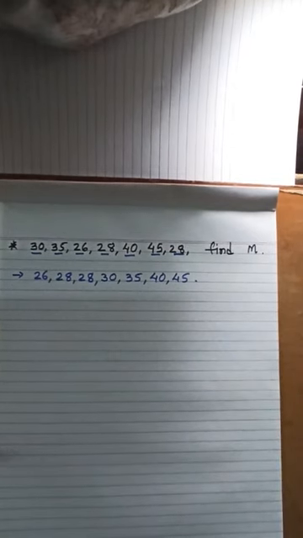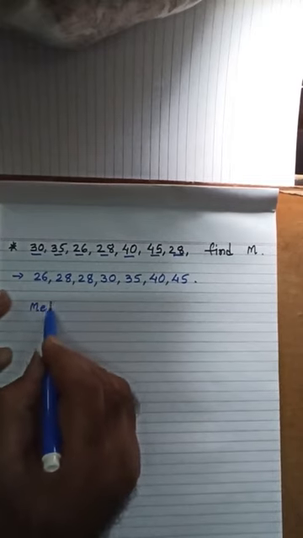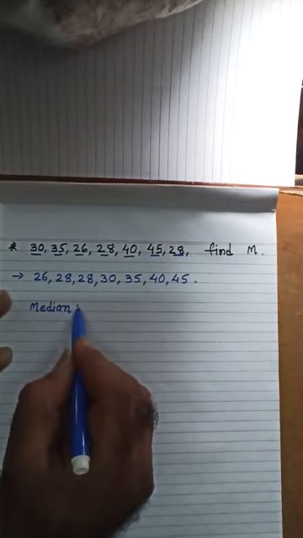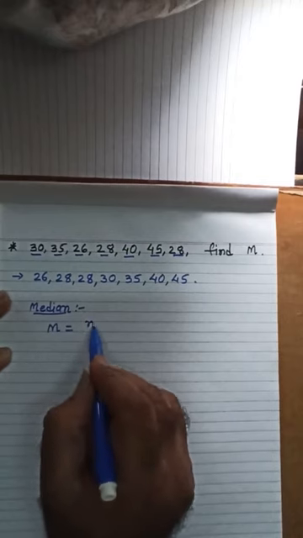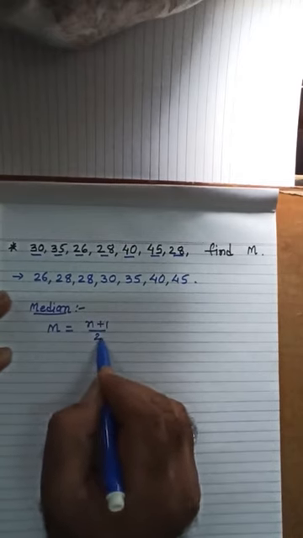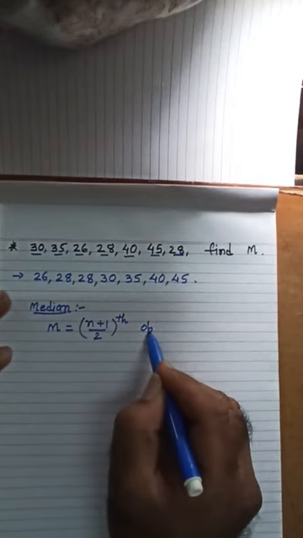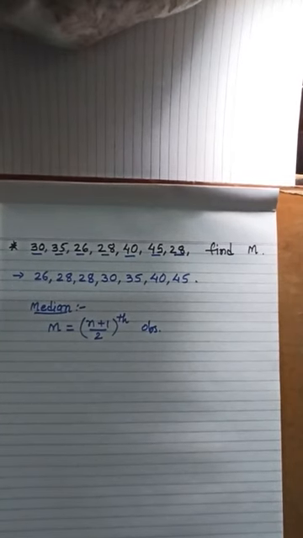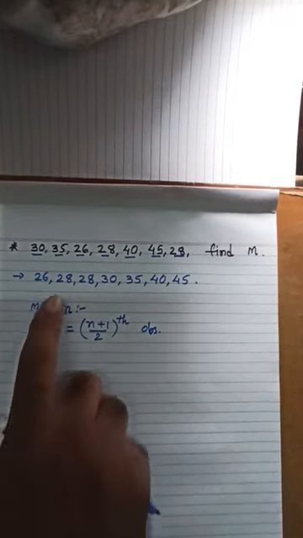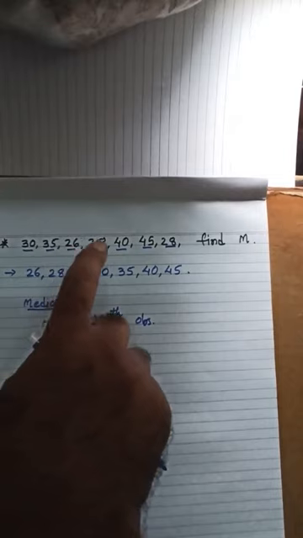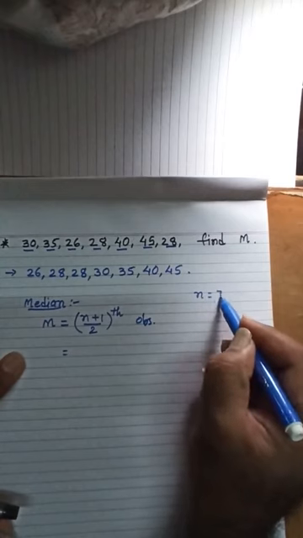Now, median. The formula for median is M equal to (N plus 1) upon 2 observation. N means number of observations. Remember this, it is ungrouped data. So number of observations: 1, 2, 3, 4, 5, 6, 7. N is equal to 7.